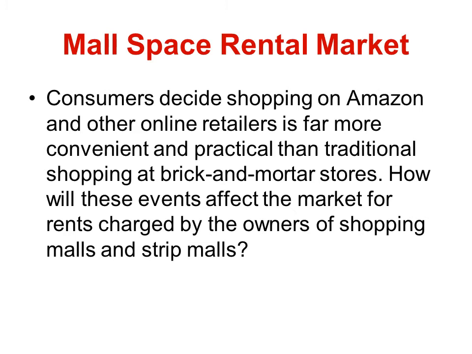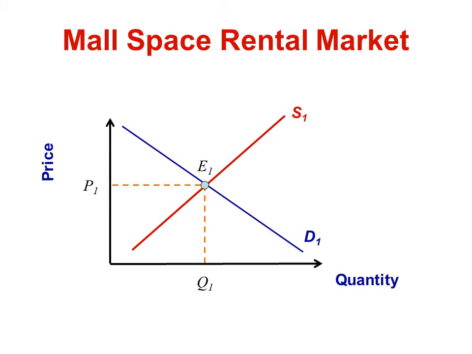So in this case, we're looking at the market for a resource, a land resource. Who are the buyers? The buyers are the owners of stores. The owners of the stores are ultimately purchasing this land resource. Who are the sellers? The sellers are whatever company, corporation, or individual owns the strip mall or the shopping mall. As always, we start off by identifying the market under consideration.